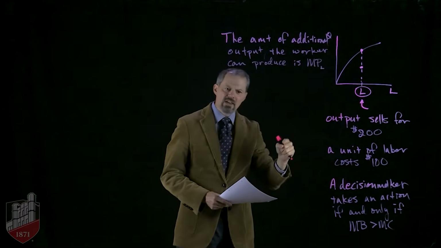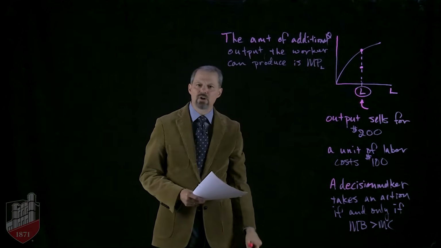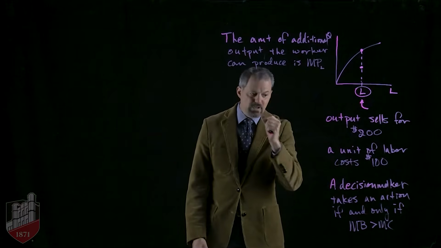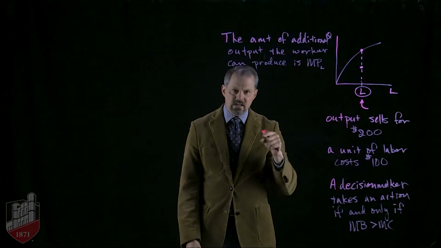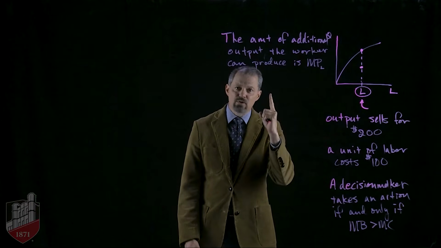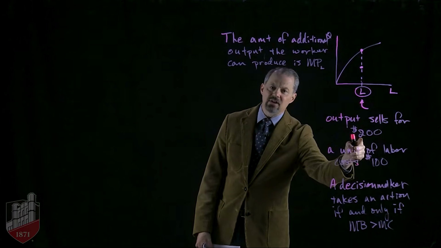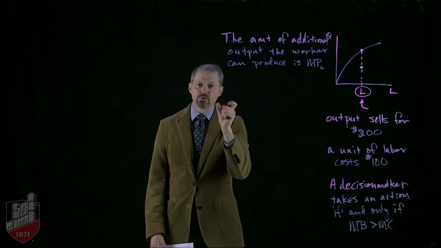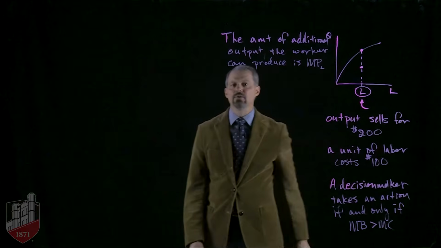It's when we hire that worker, how much more output do we get? Well, marginal product. So let's suppose that when we hire that worker, they can produce one more unit of output. That's how much our output goes up when we hire this next worker. Well, if they can produce one more unit of output and that unit of output sells for $200, then the value of what they produce is $200, which is greater than the 100. I should do that.